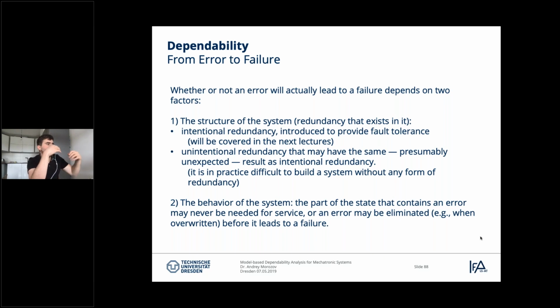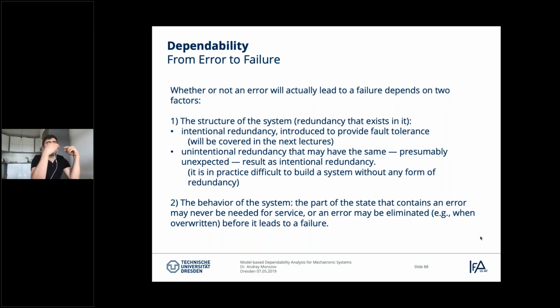The second factor is the behavior of the system. The parts of the state that contain an error may never be needed for the service, or an error may be eliminated. We do a lot of things inside the system but are not using this information, and this happens all over. For example, we have a sensor that provides readings each millisecond, but the controller uses only the information that comes each 10 milliseconds because the controller is slower than the sensor.